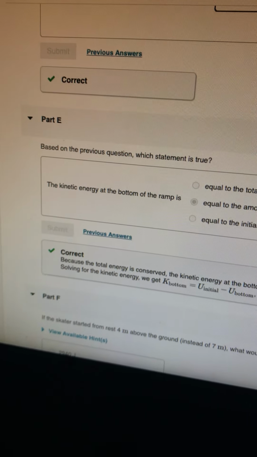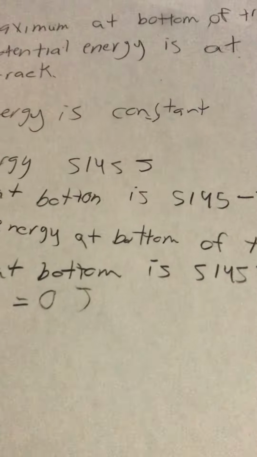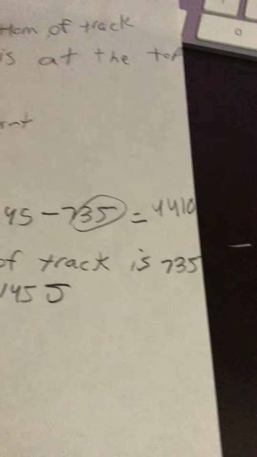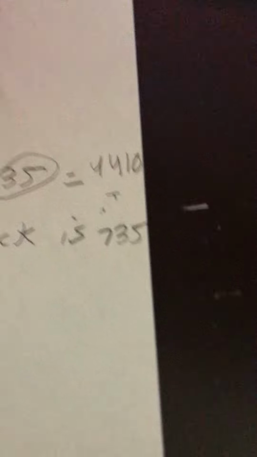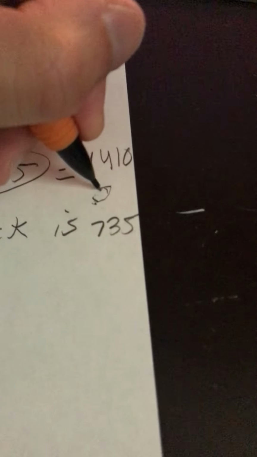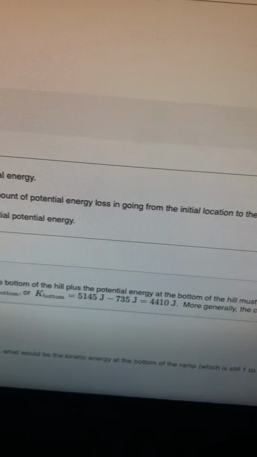So we want to look at the kinetic energy at the bottom. So yes, the kinetic energy is not 5,145 at the bottom of the track. It's 4,410. I forgot the J. So that means that it's smaller than the total energy. Okay, it's equal to the amount of the potential energy loss from initial location up to the bottom, right?